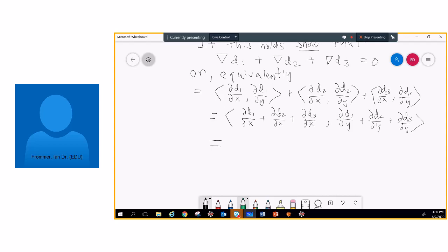Into what? So what's that first term? What's another way to write that first term? Got to dig back into the multivariable stuff for this.